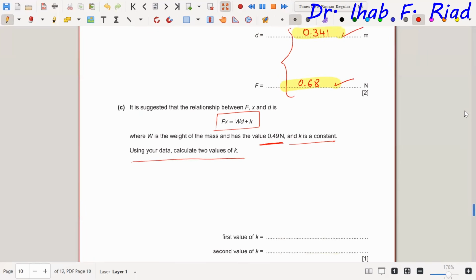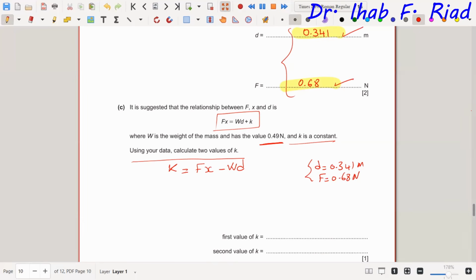So, what we are going to do, rewrite this equation for K. K is going to be equal to Fx minus Wd. We have D equal to 0.341 meters and F equal to 0.68 Newton.